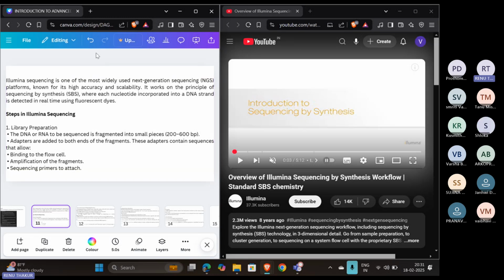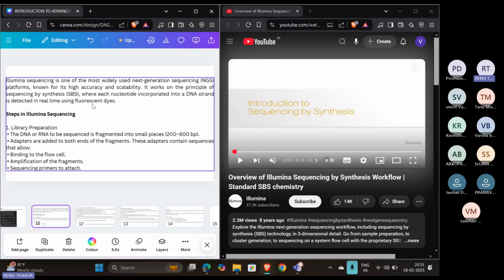So as you all know, if any biomolecule contains fluorescent dyes, it emits a specific wavelength of light which can be detected, right? So that principle is used here.